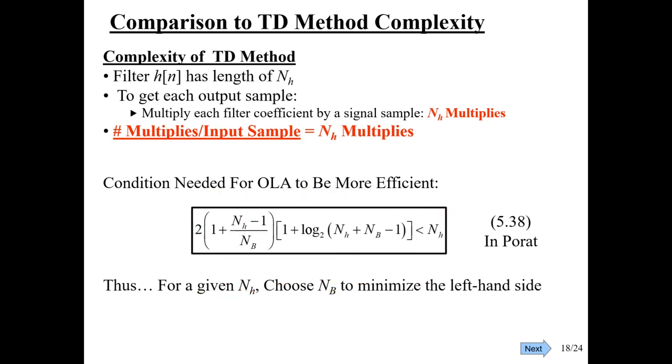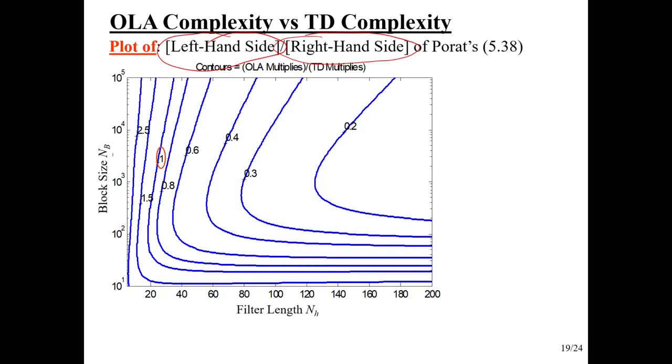Well, let's plot it as a contour plot. So I've got NH values down here, and I've got NB values over here, and I'm imagining plotting the value of this ratio as a surface over this plane, but I'm really just showing it as contours. So think of this as a topographical map that you're looking at for hiking, right? And so I've labeled the contours here.